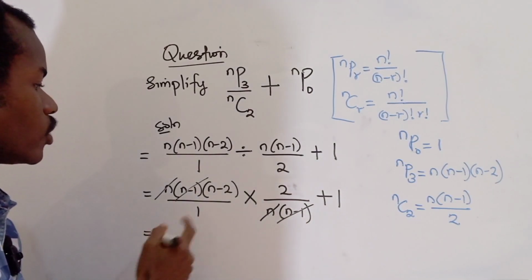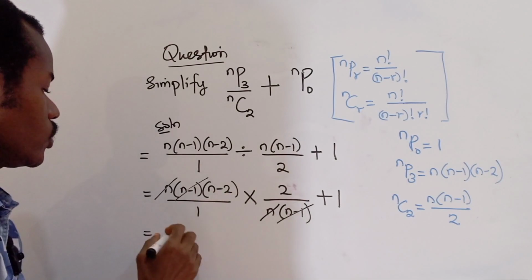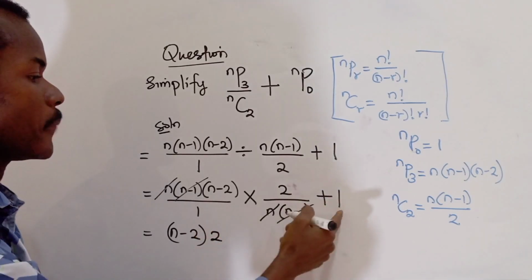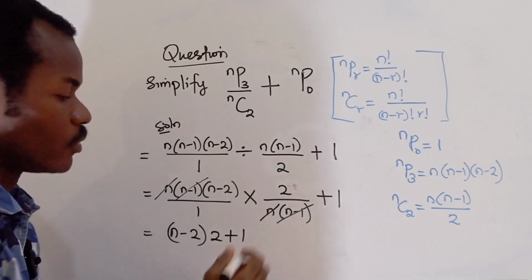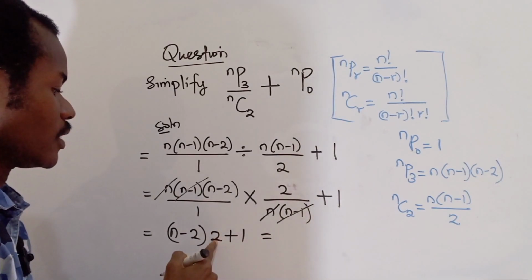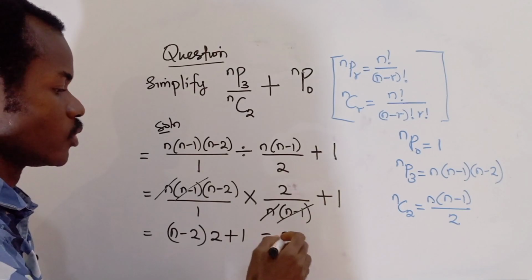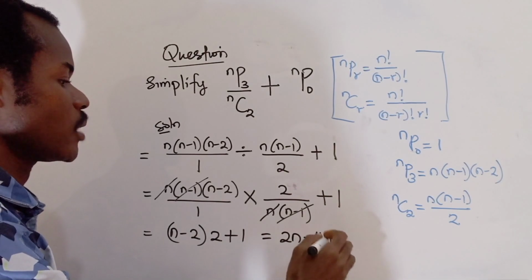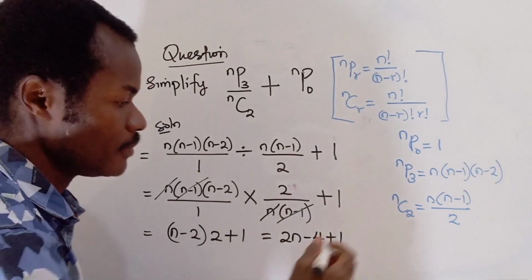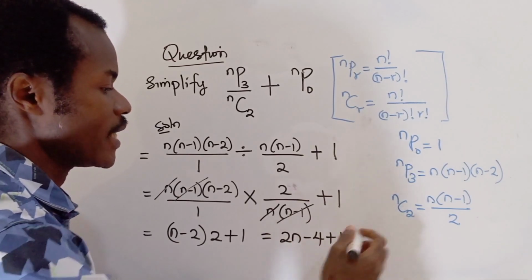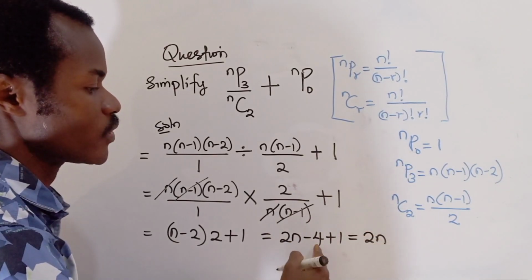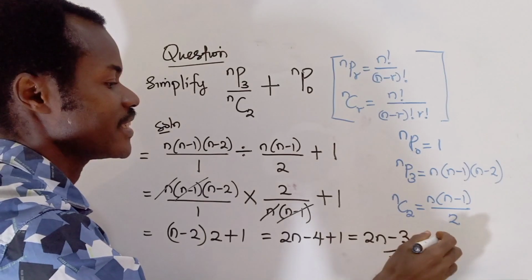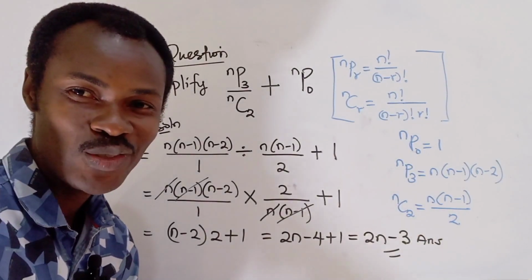We are simply left with n minus 2 multiplied by 2, plus 1. Now what would that give us? 2 times n is 2n, and 2 times minus 2 is minus 4, plus 1. So finally, we have 2n, and minus 4 plus 1 gives us minus 3. So this gives us the answer to this simple problem.